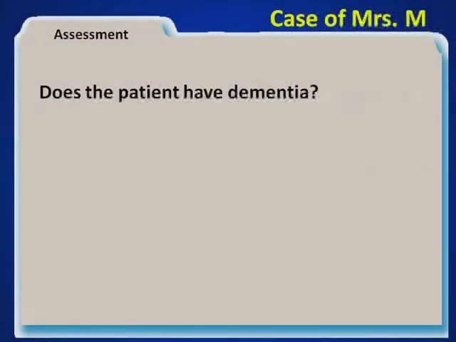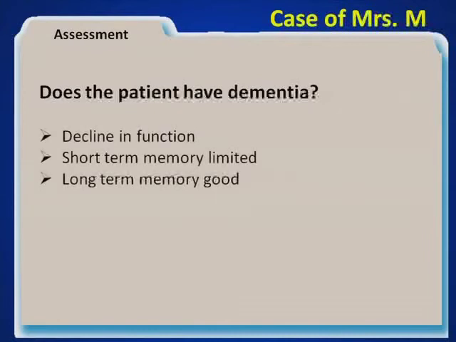is, does Mrs. M have dementia? We know she has a decline in function. We know that her short-term memory is limited, but we also know that her long-term memory is still good.